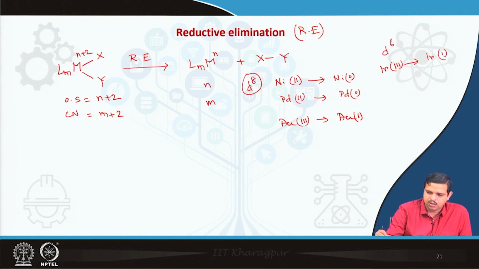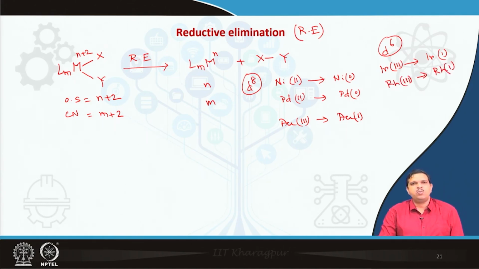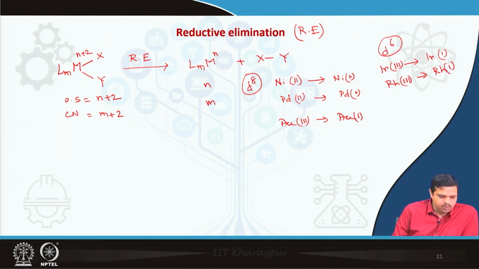So, these are the d6 systems, so 6 electrons in the d orbitals. Similarly, rhodium 3. So, these are the common metal centers which can undergo reductive elimination.